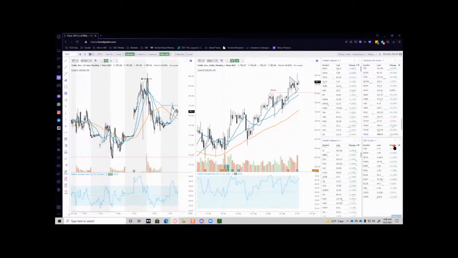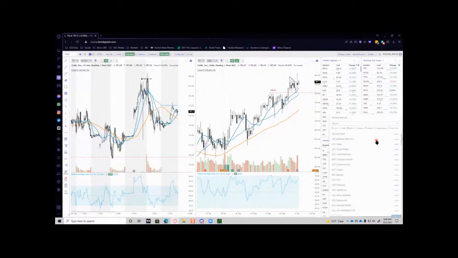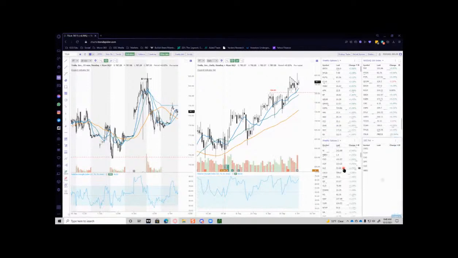A few names in the red, sure, of course, but predominantly in the green. Marijuana. Green or flat.